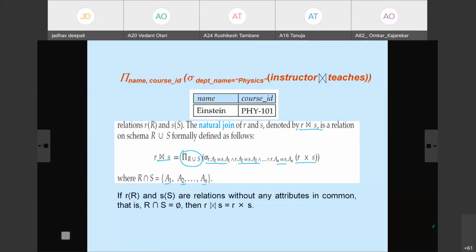That is natural join. If R and S are relations without any attributes in common, for example, take instructor and student, or section, we can take any.